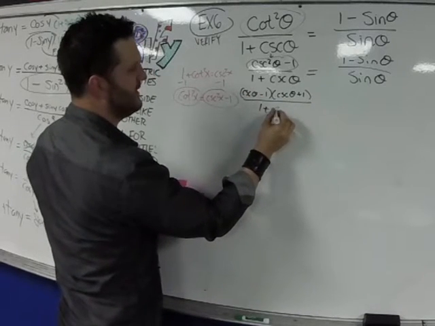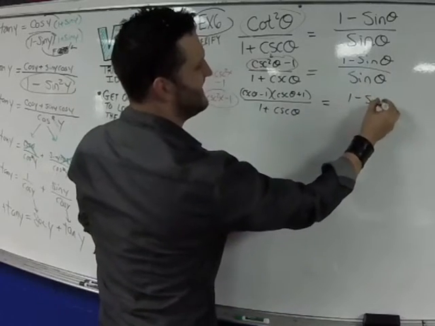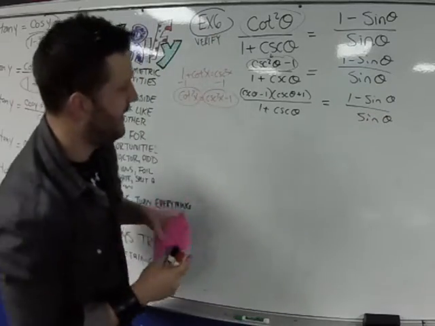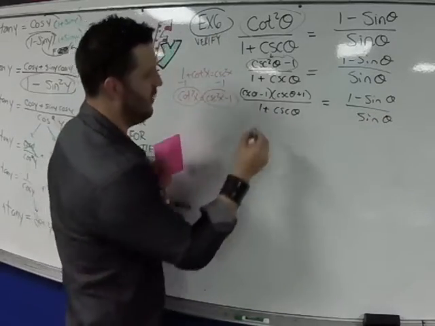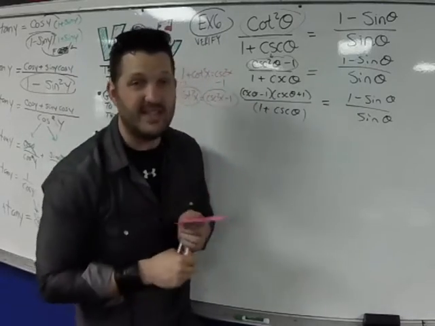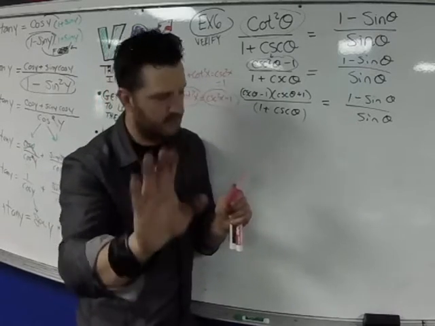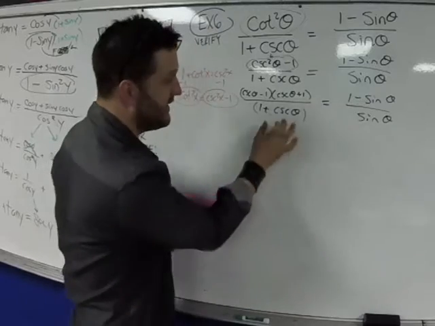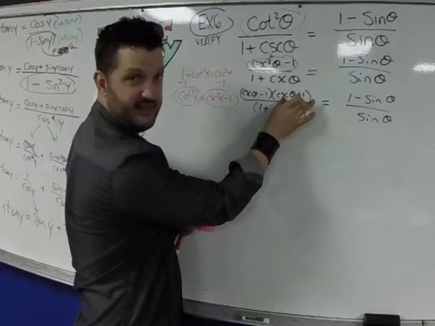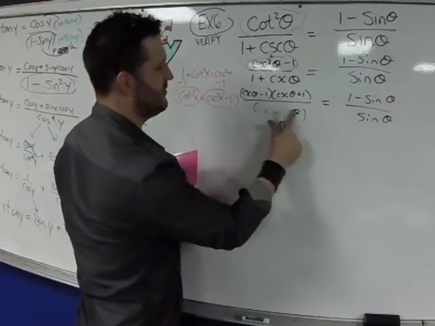And then at the bottom I have 1 plus CSC theta equals 1 minus sine theta over sine theta. Now here's the thing: the bottom of the fraction says 1 plus CSC theta, and these two binomials do not say 1 plus CSC theta. But if it's adding, the order doesn't matter. If it's subtracting, it does. So this CSC theta plus 1 is the same as this 1 plus CSC theta. I promise you I could just rearrange the bottom.